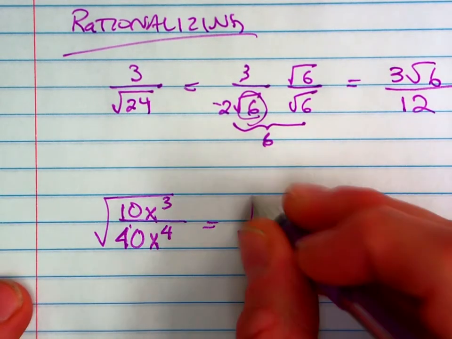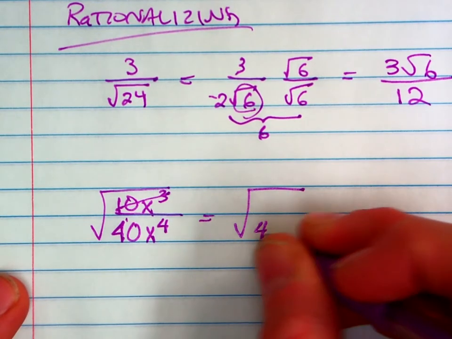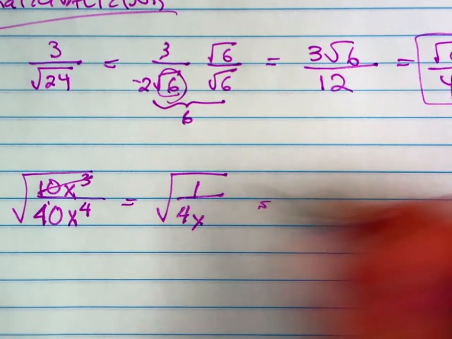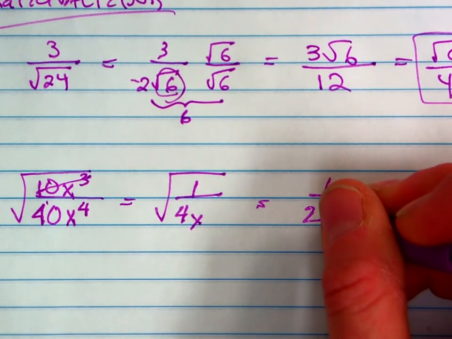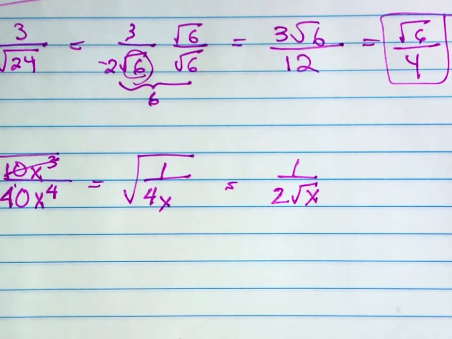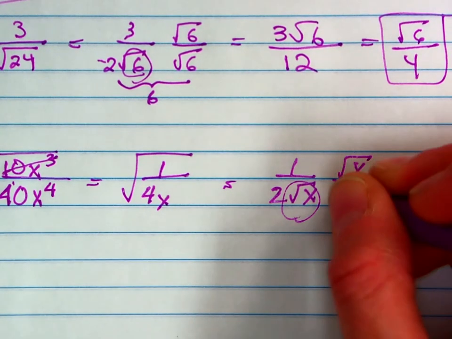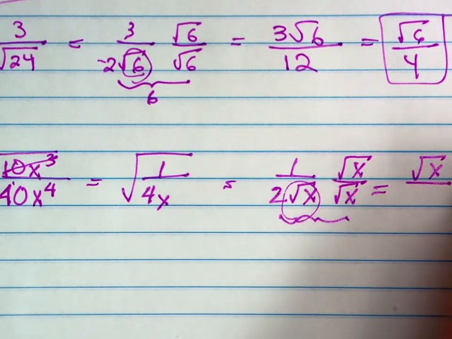So that would become 1 over 4x in the bottom. The square root of 1 is 1, the square root of 4 is 2, the square root of x I can't do anything about. So now I have to rationalize. Multiply the top and the bottom by square root of x, so I get square root of x over, this becomes 2x.